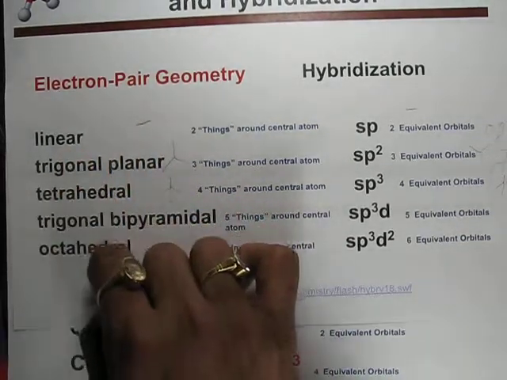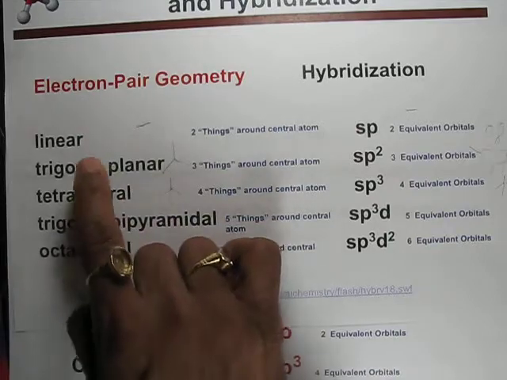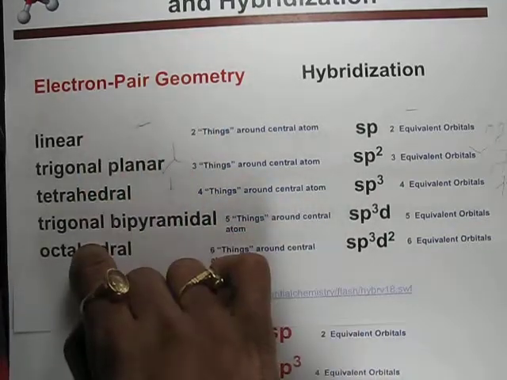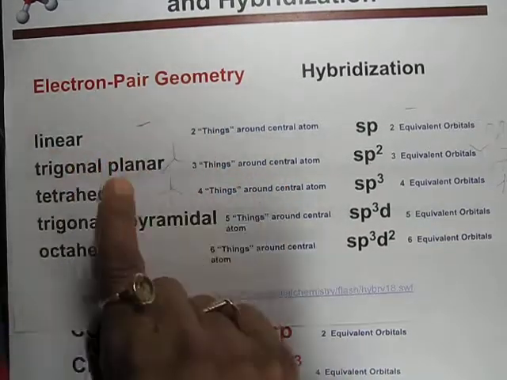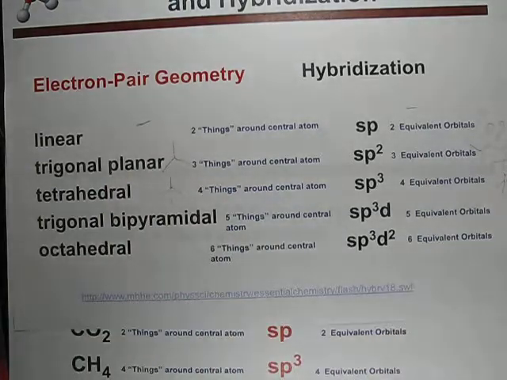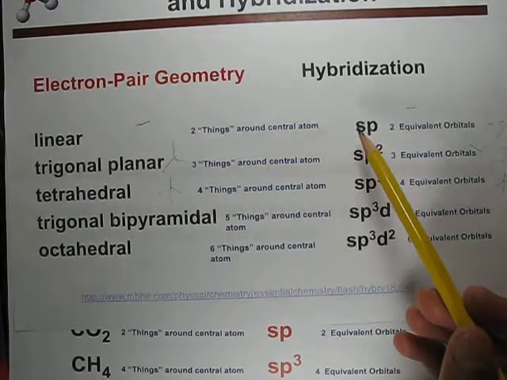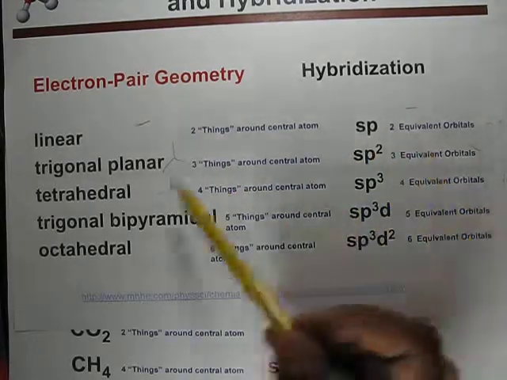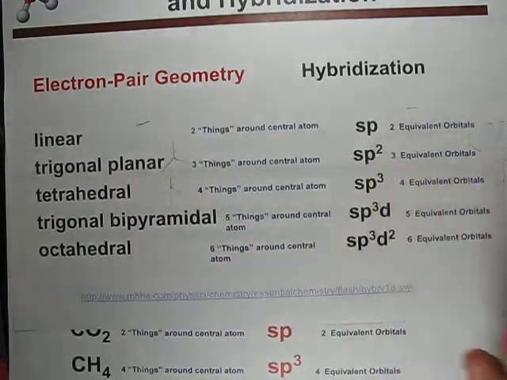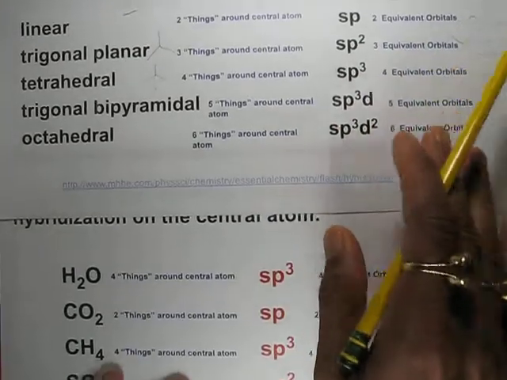We are not talking about molecular geometry here, only electron pair geometry. So if the electron pair geometry is linear, it is sp hybridization; trigonal planar, sp2.